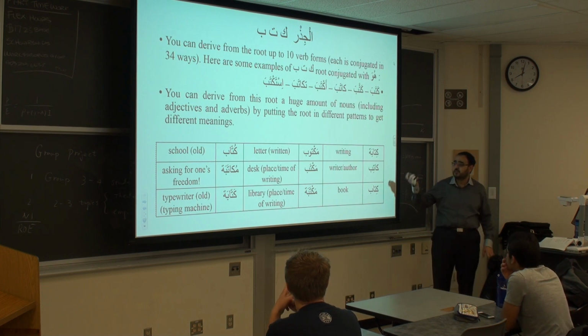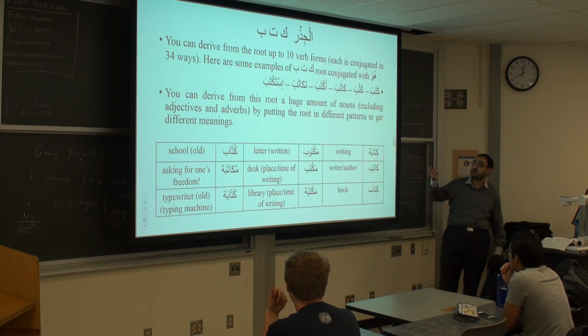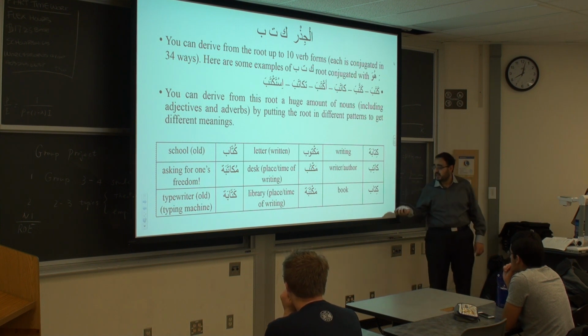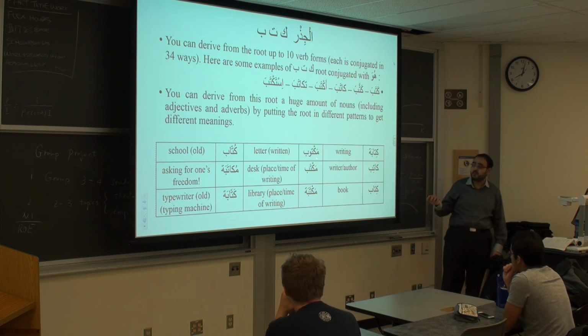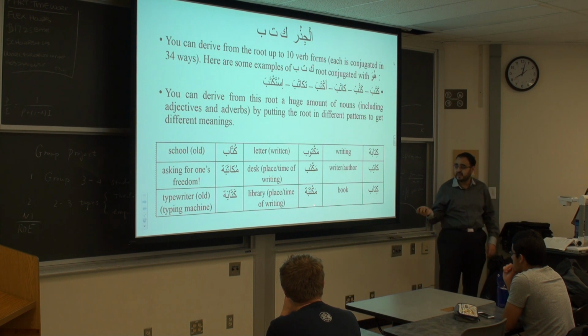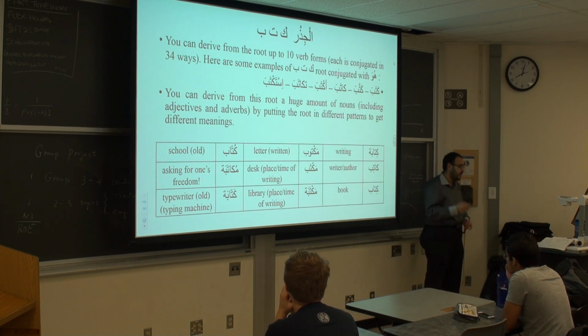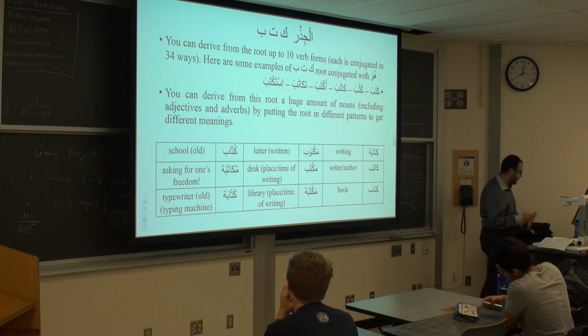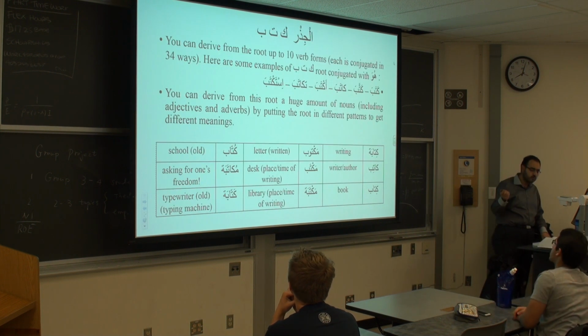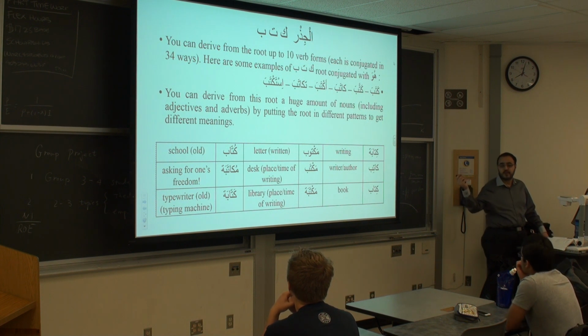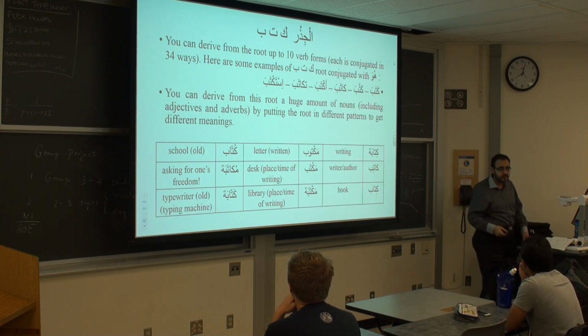These are some among the nouns that are derived from this root: kitaba, katib, kitab, maktub, maktab, maktaba, kuttab, mukataba, kattaba, in addition to many others. And all will be sharing a common meaning which has to do with writing.